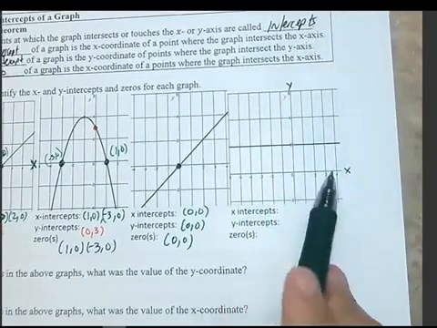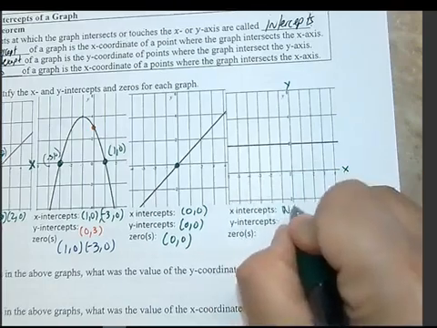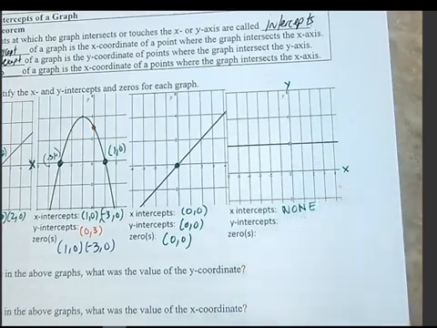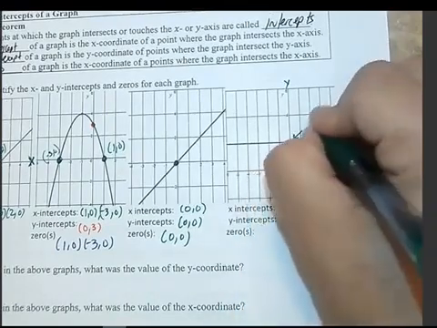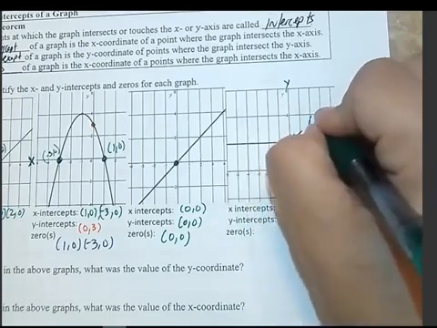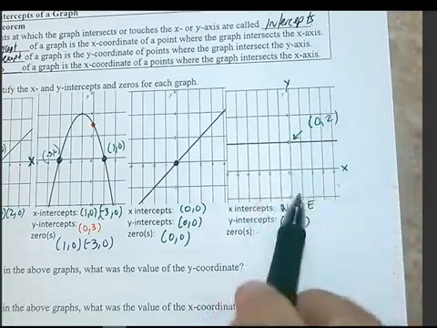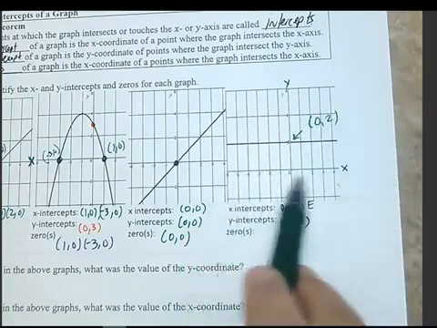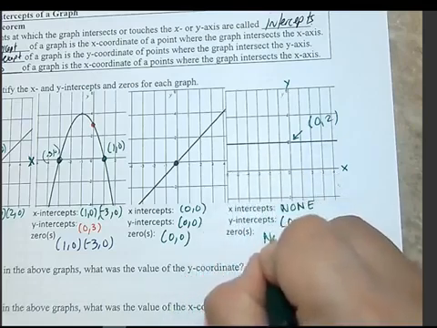So the x-intercept, notice that the graph does not cross the x-axis. So we say that there's no x-intercepts. And then the y-intercept is located here, which is at 0 and 2. Since there's no x-intercepts, the zeros is the same. The graph does not cross the x-axis, so this is none.